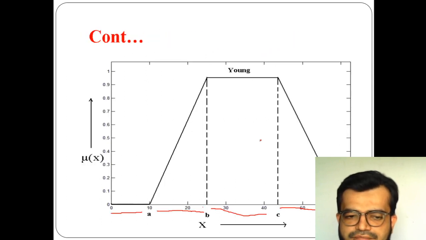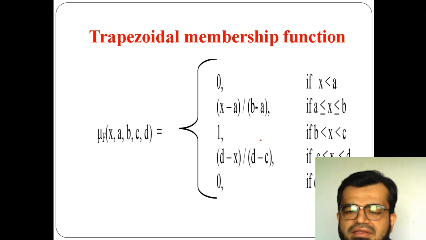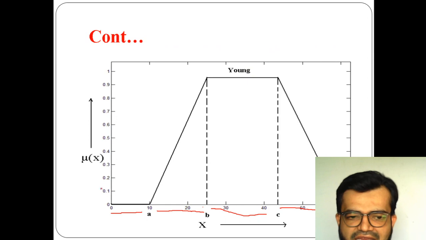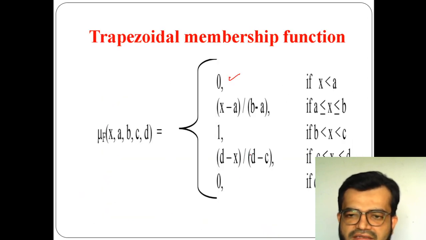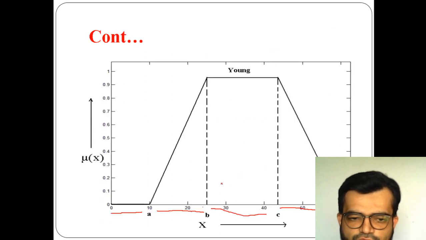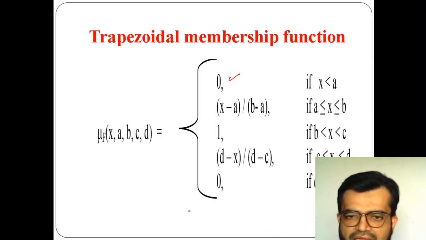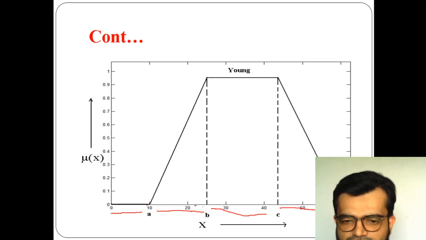Why is it 5? For example, the first is exactly 0, this one value. Then from A to B is the second. Then B to C is 1; if you observe B to C, you will find 1.